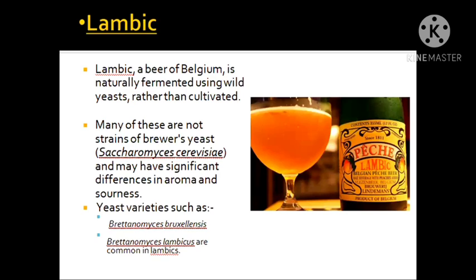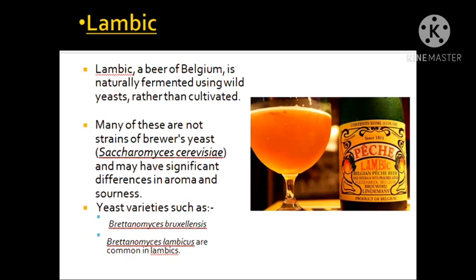Another term is lambic. You have already discussed the lambic beer. Lambic beer is Belgian and naturally fermented using wild yeast rather than cultivated yeast. This is very important: lambic beer is made using wild yeast.